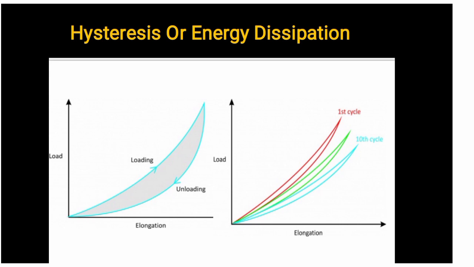If loading and unloading are repeated several times, different curves can be obtained. After about 10 cycles, however, the loading and unloading curves no longer change and the amount of hysteresis is reduced, allowing the stress-strain curve to become reproducible.